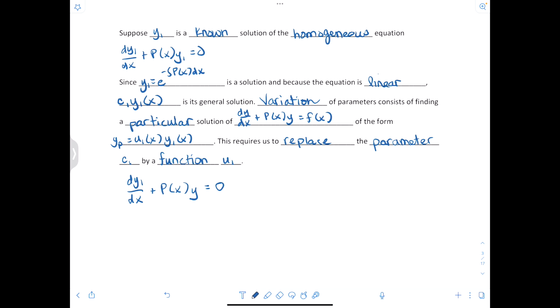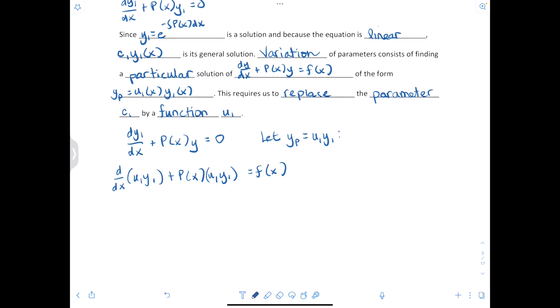Now, if we let yp, the particular solution, equal to u1 y1, let's see what we get. So we would have d/dx of u1 y1, since we're doing our particular solution in there, plus p(x) times u1 y1 is equal to f(x).